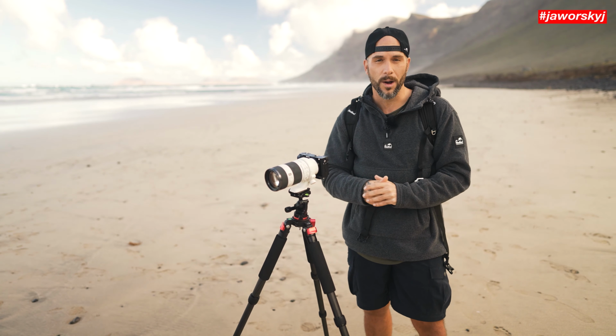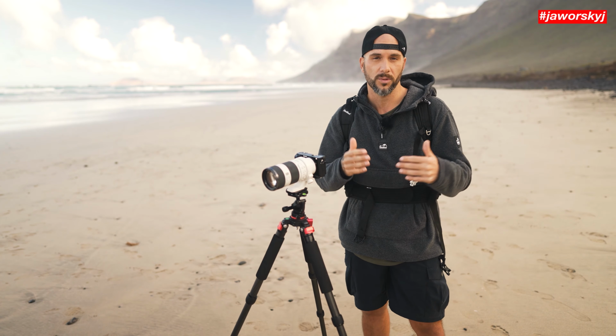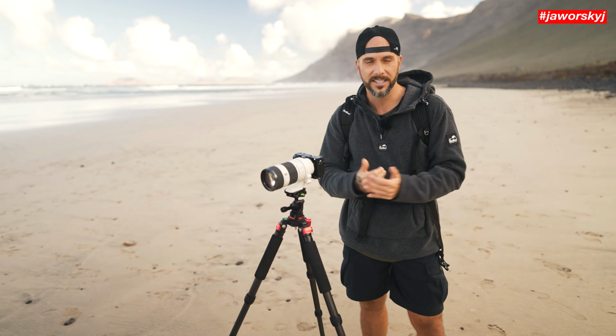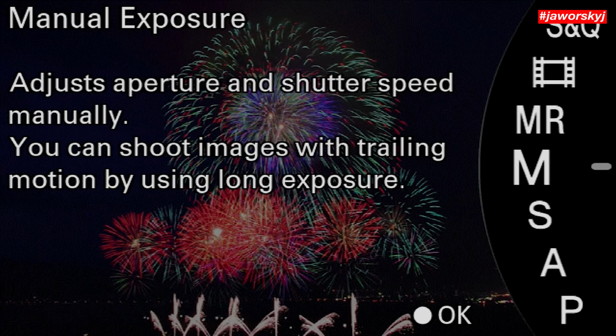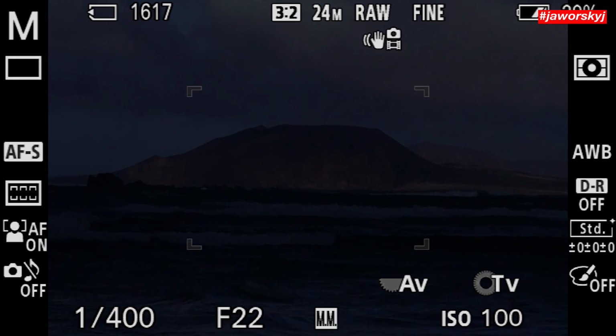And we will see that now with the waves, and I will also show you some examples of a creek, because with water flowing down a creek or a waterfall, it's exactly the same. So you can try now at home to go into manual mode with your camera and then close your aperture all the way to the end. A very tiny aperture.